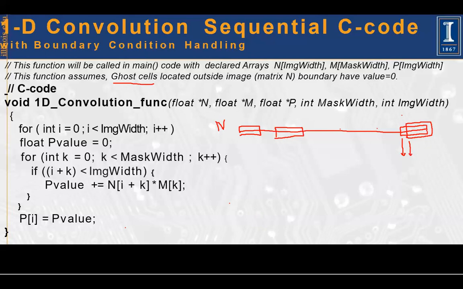Now what happened? You have fallen out of this array N. The N array ends here, and now you have gone beyond. When you place the mask here, you go beyond this end of array N.